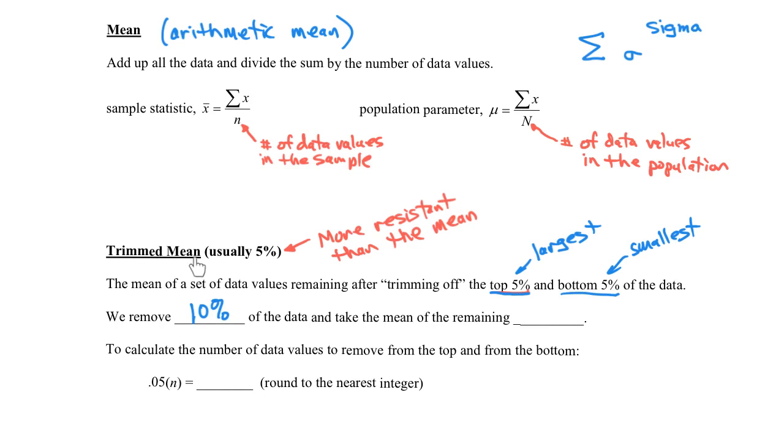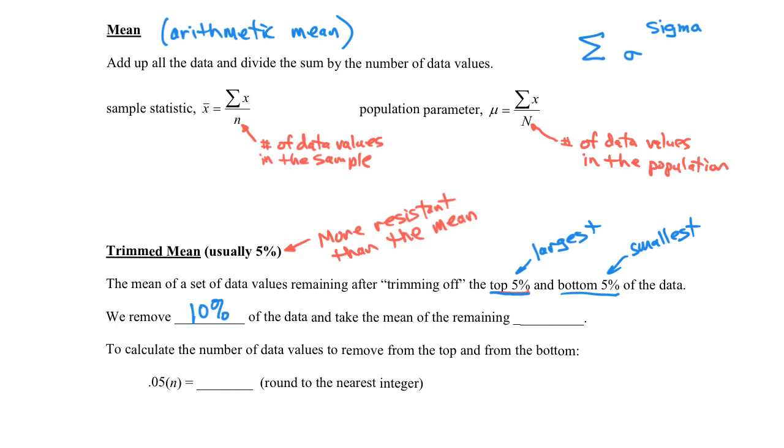Another trimmed mean that you see sometimes is a 10%, which means you take 10% off the top, 10% off the bottom, and this is 20%. But in our book, they always give us these 5% trimmed means. So if they ask you for a 5% trimmed mean, we're going to trim off the top 5% of the largest numbers and the bottom 5% of the smallest numbers. And then we take the mean of the remaining 90%.